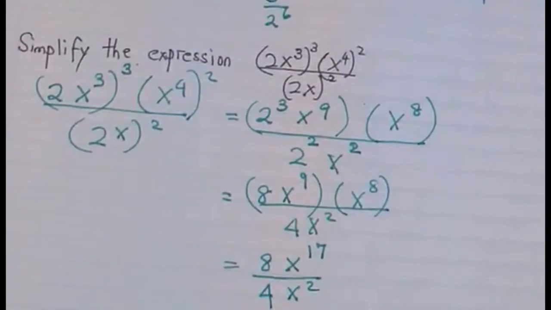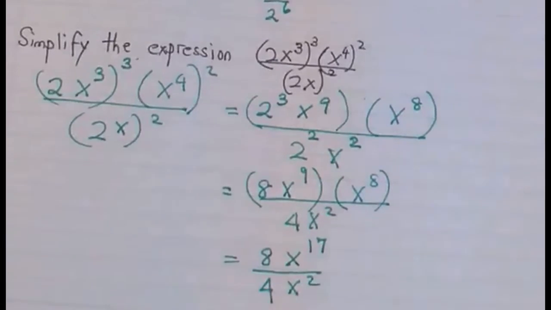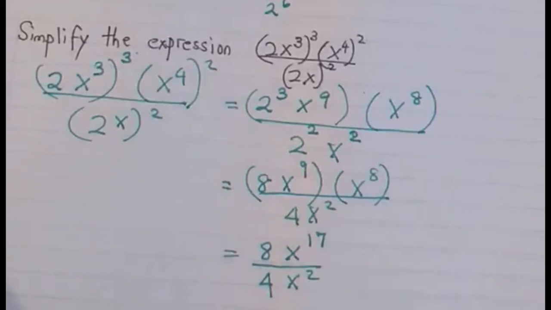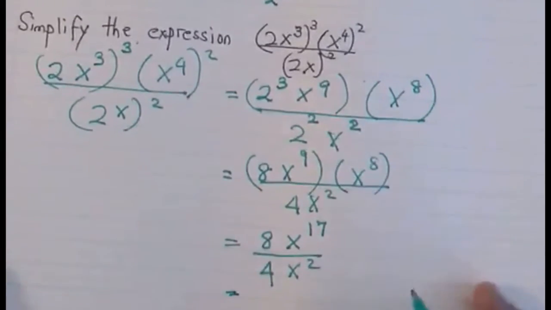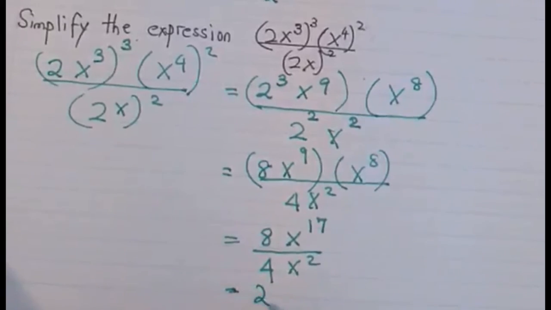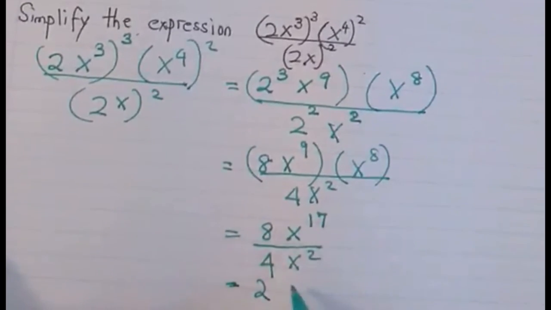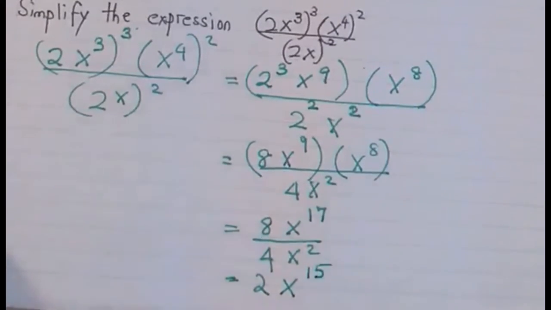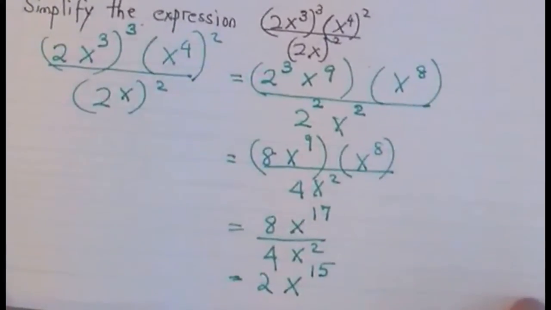Now we have to remember the quotient rule. When two of the same bases are divided by each other, what do we do with the exponents? We subtract them. So the final answer would be 8 divided by 4 is 2, x to the power of 17 divided by x to the 2. So we subtract the exponents. 17 minus 2 would be 15. So the final answer would be 2x to the power of 15.